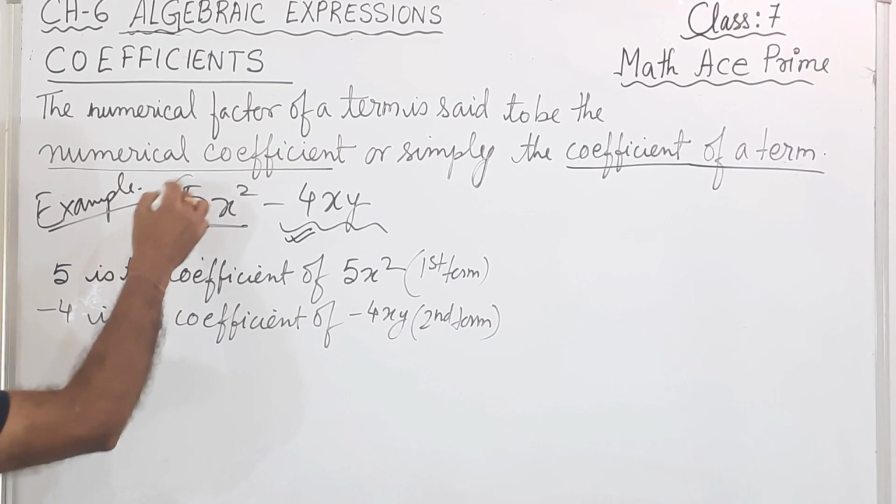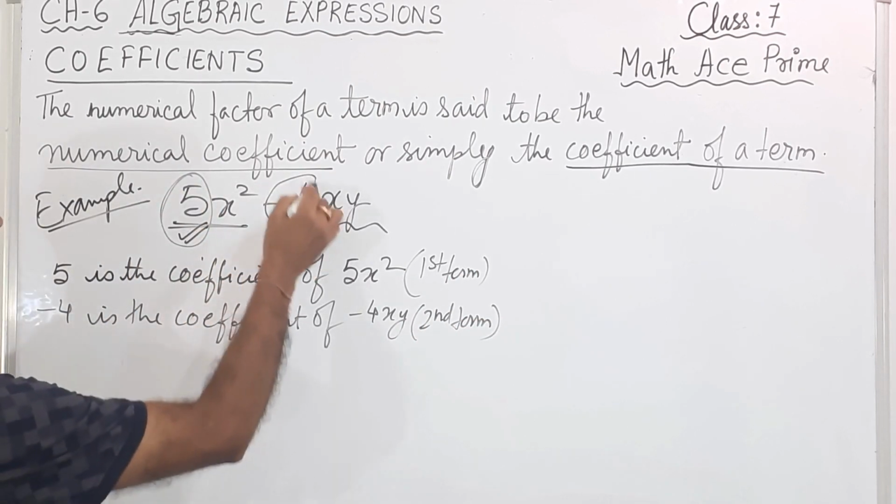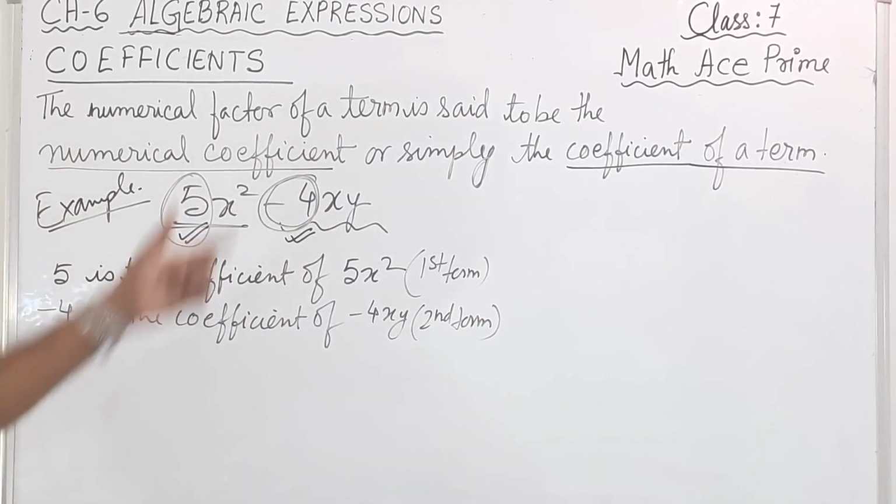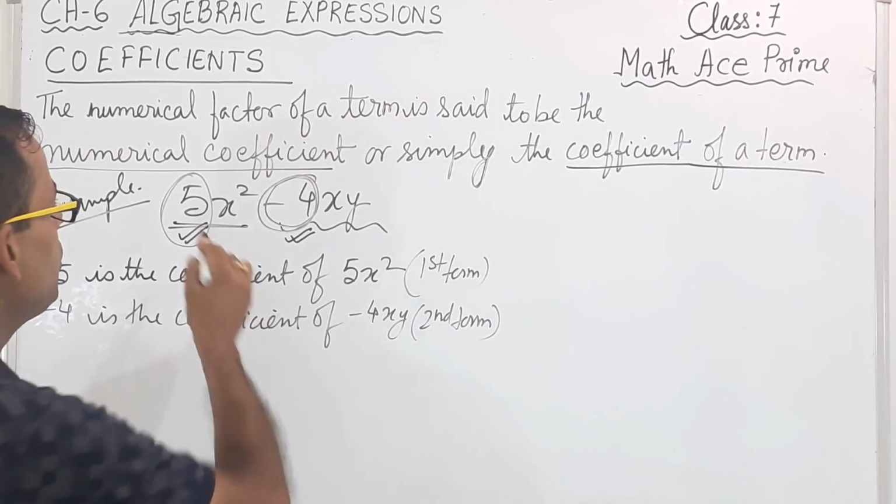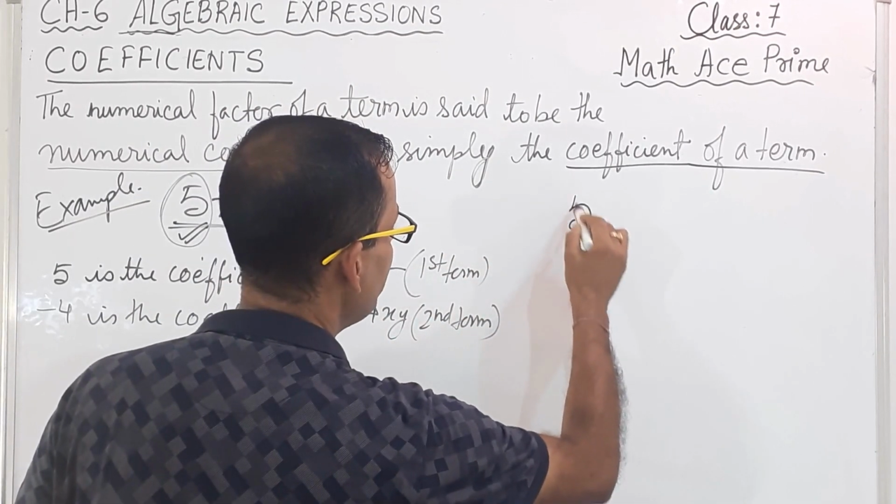So the numerical one is the coefficient. Clear?